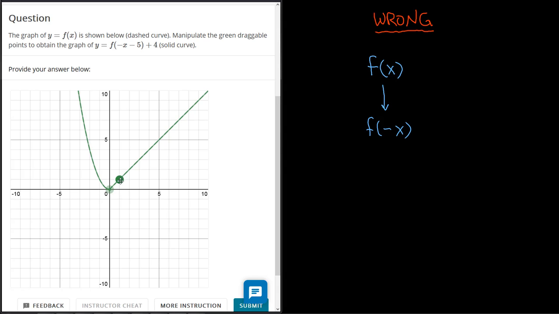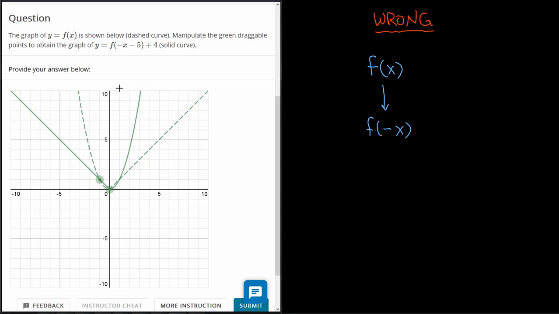Right now the x-coordinate of this point is 1, so it's now going to change to an x-coordinate of negative 1. Now this solid curve is the graph of f of negative x. That's not a mistake. If that makes sense to you, that's good, because it's correct. That's not where I made my mistake yet.